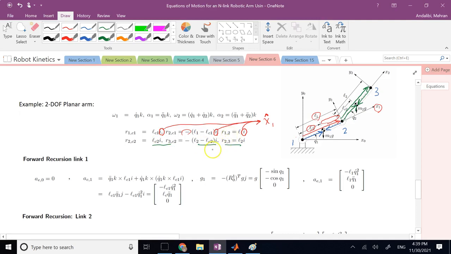What's good about using body attached frame? This is one of the places. You see the expressions are actually all written with respect to local unit vectors, and these local unit vectors make life a lot easier than to write everything about this I and this j. Otherwise, for those vectors, you need a bunch of sine and cosines of q1 and then q1 plus q2 to decompose them along the global unit vectors, right?